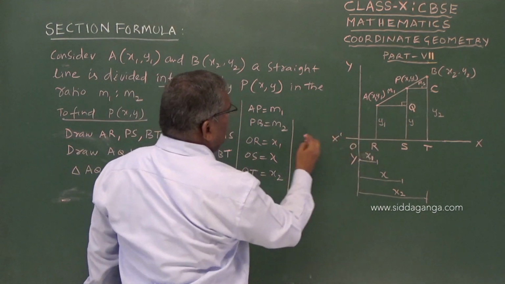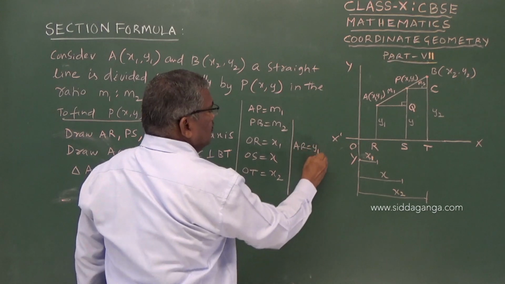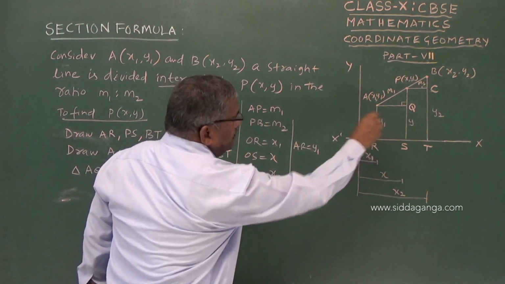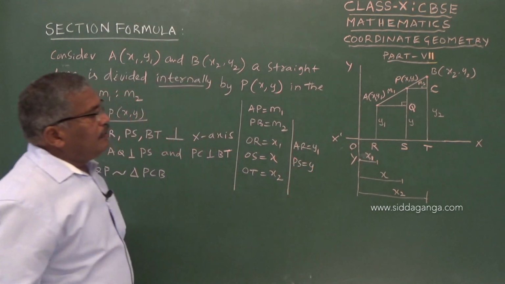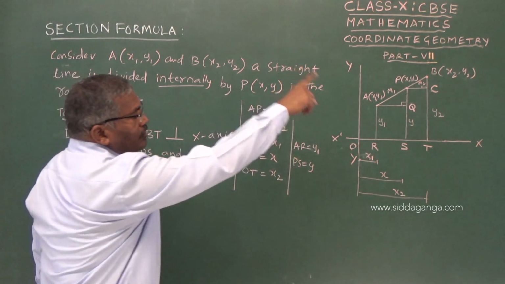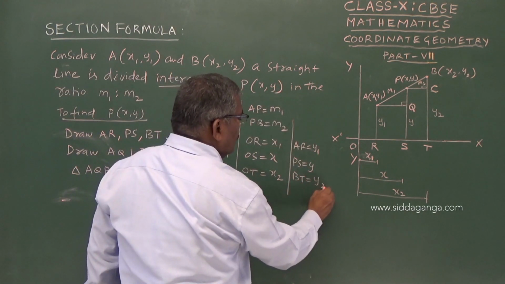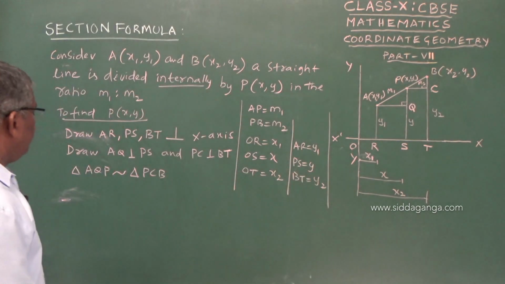AR equals Y1, PS equals Y, and BT equals Y2.